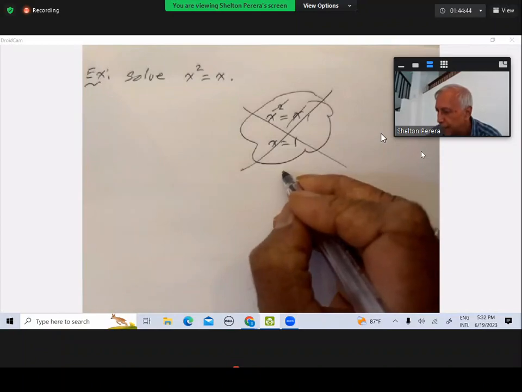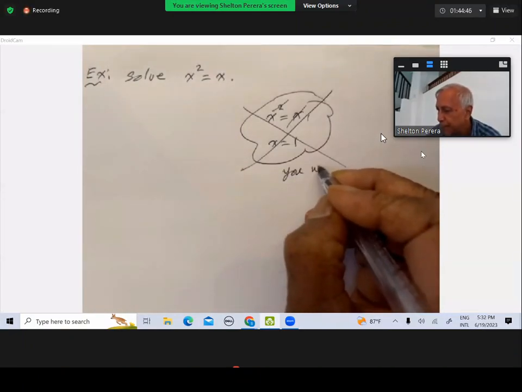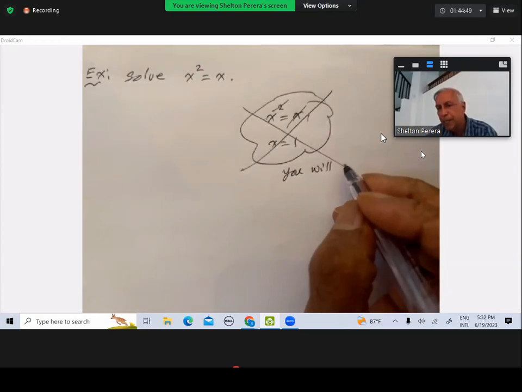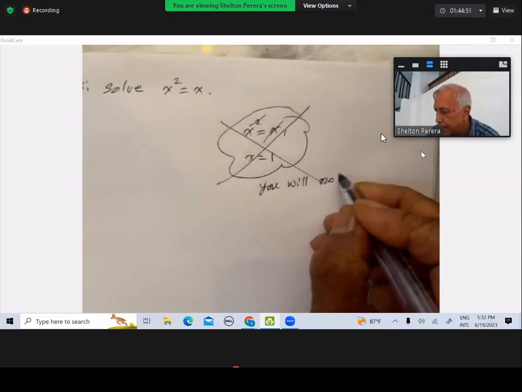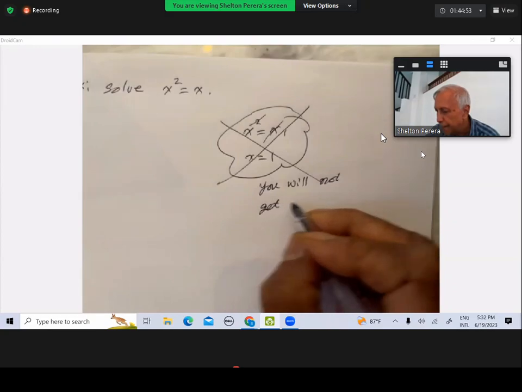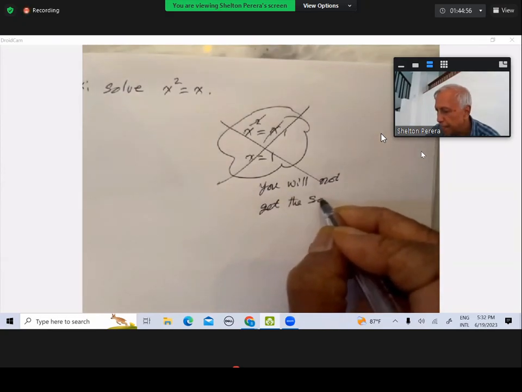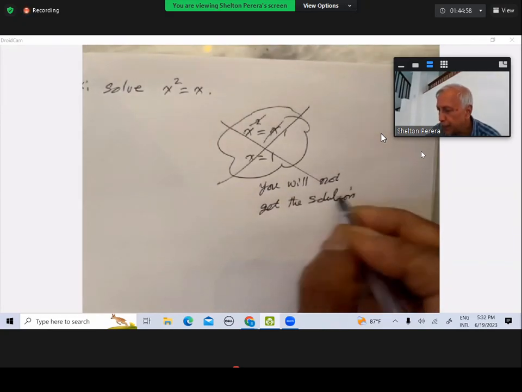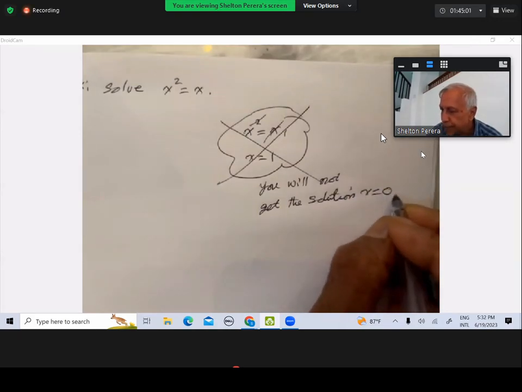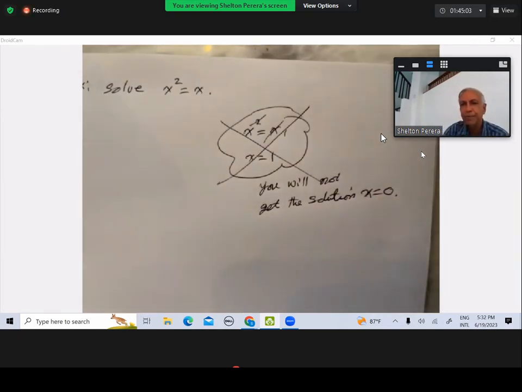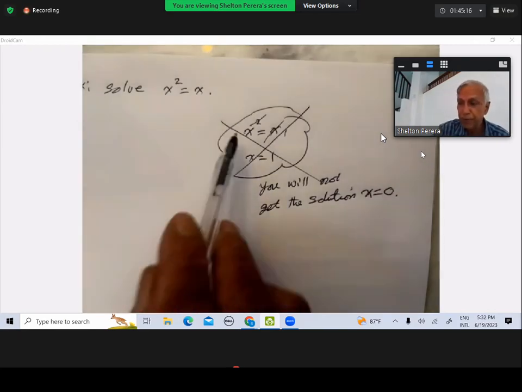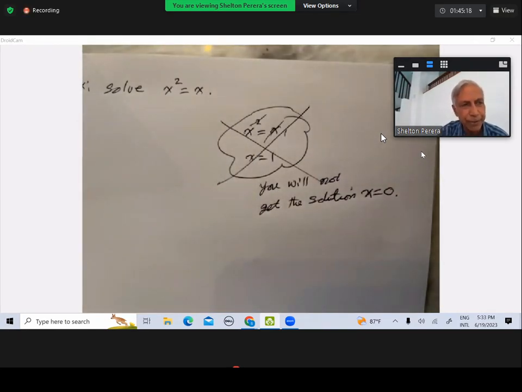If you do that, you will not get the solution x equals 0. You will lose that solution. That is why you should not do this. If you know x is positive, then it's okay. If x is positive, it's not 0. Before dividing, you have to make sure that it is not 0.